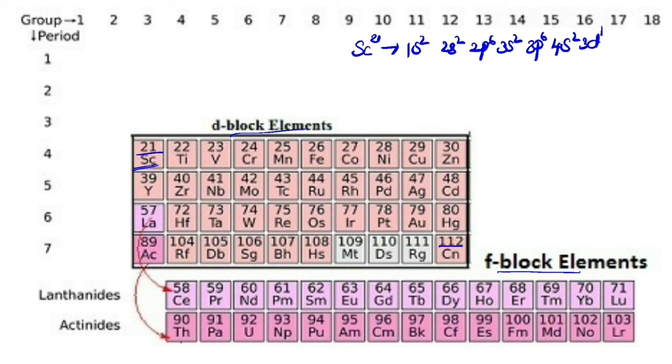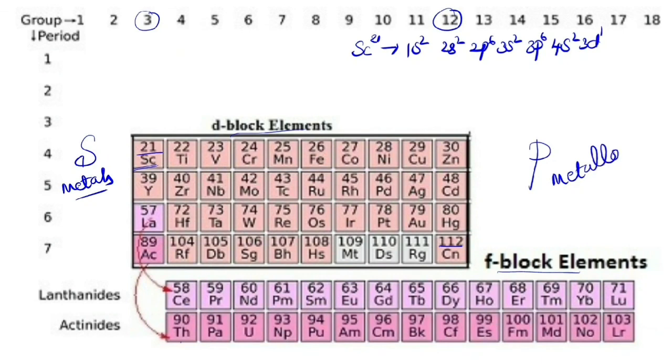Before this, these D block elements vary from group number 3 to group number 12. So here we have a S block and here we have a P block. So the D block elements are placed in between S and P block elements because these S block elements are metallic in nature, whereas in the case of P block elements, these are metalloids or non-metals.